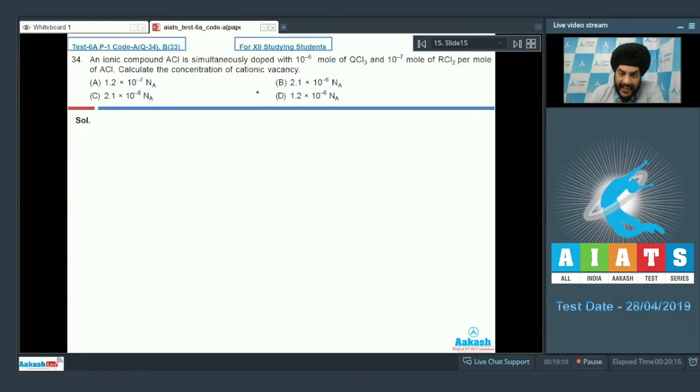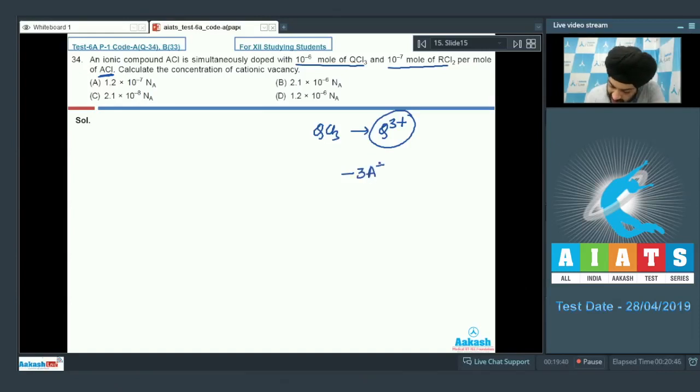An ionic compound ACl is simultaneously doped with 10 to the power minus 6 mole of QCl3 and 10 to the power minus 7 mole of RCl2 per mole of ACl. So if we talk about the doping which is happening in this question, students, QCl3 has Q3+. So for every Q3+ which is added, there has to be 3 sites which have to be vacated by A+, and out of these 3 sites, the Q3+ will occupy only one site.